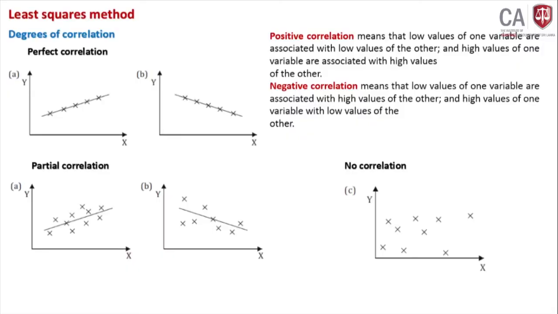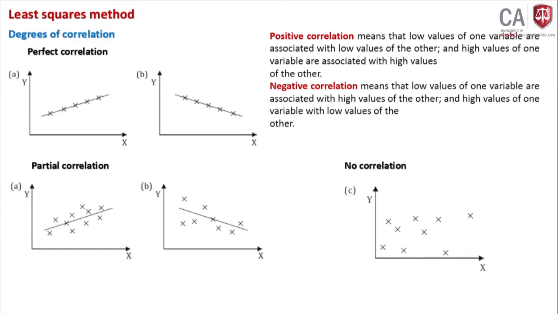Now you can see this slide, all that I explained is in the graph itself. Perfect correlation and partial correlation, and thereafter the positive correlation definition: a low value of one variable is associated with a low value of the other, and a higher value of one variable with a higher value of the other, which is called positive correlation.